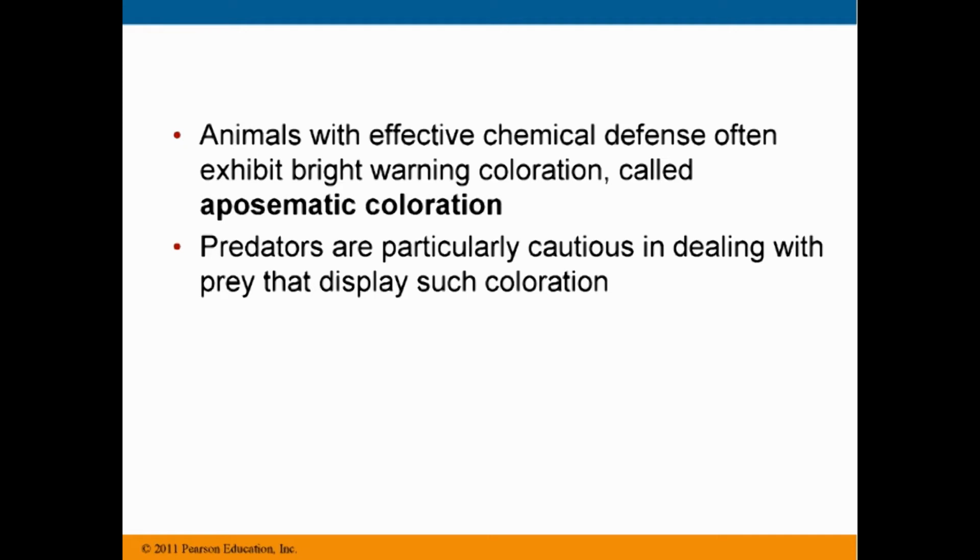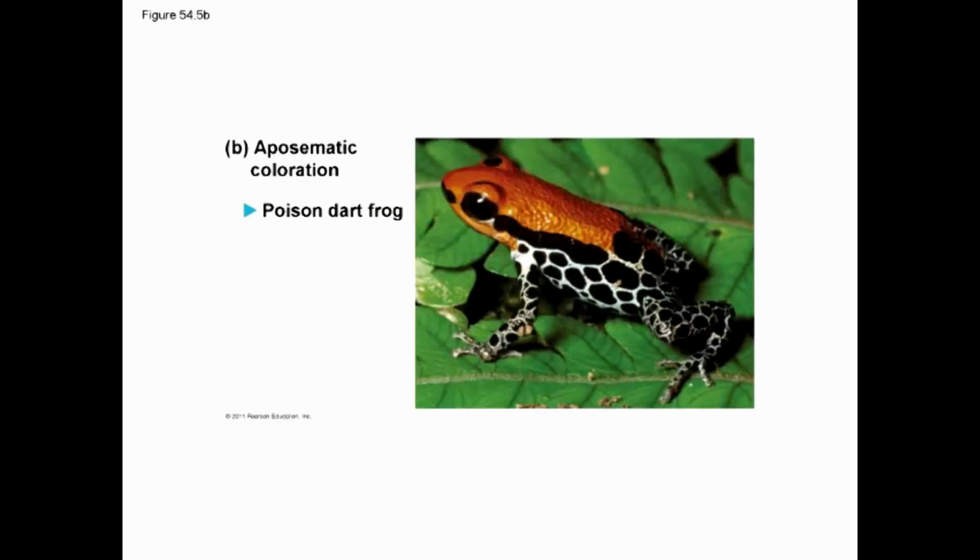So it's a warning to predators that says, I don't really taste good, so don't come mess with me, and if you do mess with me, you'll probably die. So predators have learned to be very cautious with dealing with prey that have very bright aposematic coloration. They want to live, right?